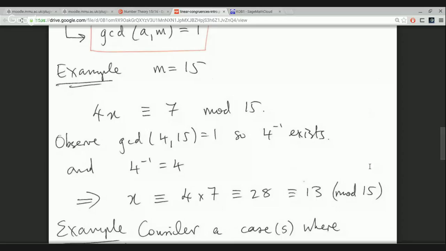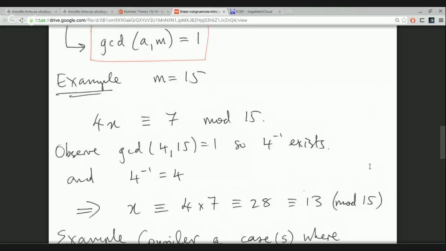But since 4 is its own inverse, if we multiply both sides by 4, we get 4 times 4, which gives 1, so I put X on the left-hand side. 4 by 7 gives 28, or typically we represent that as 13 modulo 15, or minus 2. So there's a unique solution to this linear congruence, and it's the congruence class of 13 modulo 15.